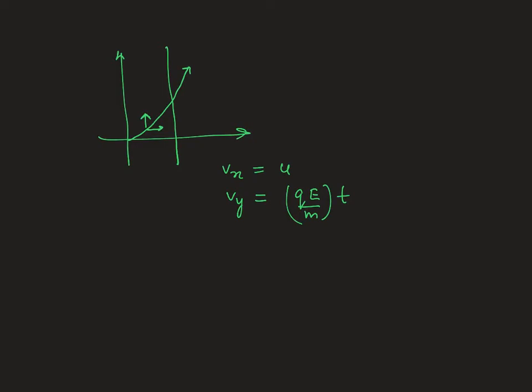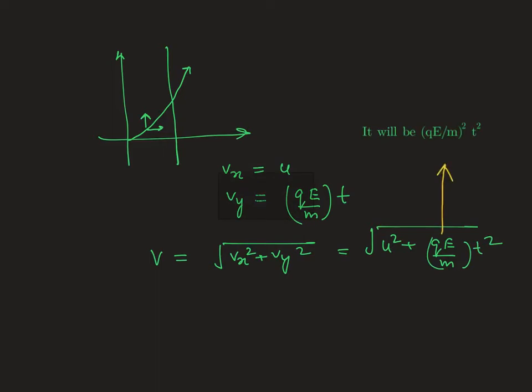The total speed can be given as root under vx squared plus vy squared, that equals root under u squared plus (qE by m into t) squared. When you have found the speed, the length of the path is easy to find.